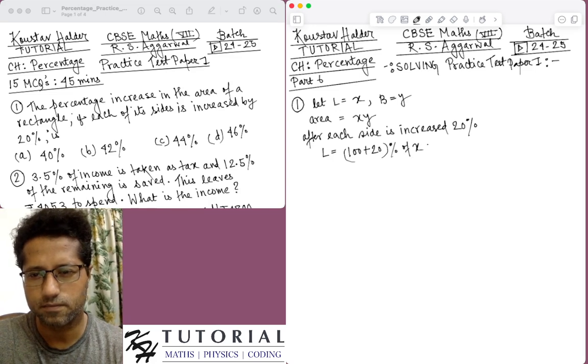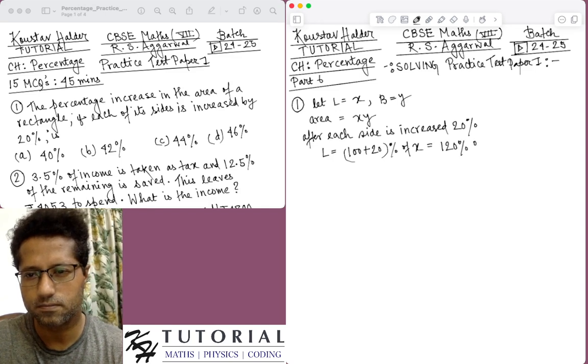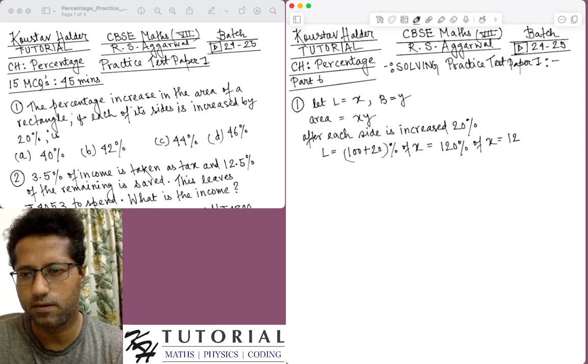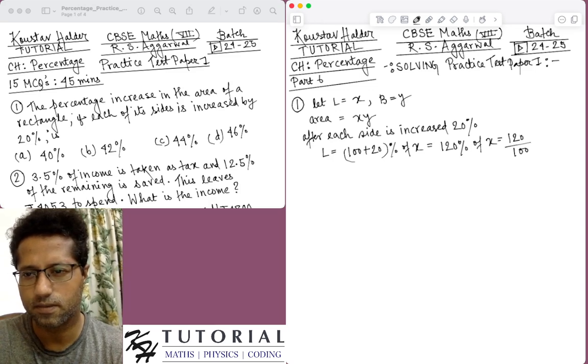This is 120% of x. Now 120 percent of x means 120 divided by 100 into x.